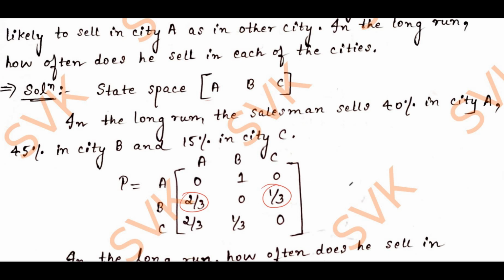Like that we are going to get 2 by 3 and 1 by 3 for BA and BC. Similarly for CA and CB we are going to get 2 by 3 and 1 by 3. He does not sell in the same city on successive days, so the diagonal elements are 0.